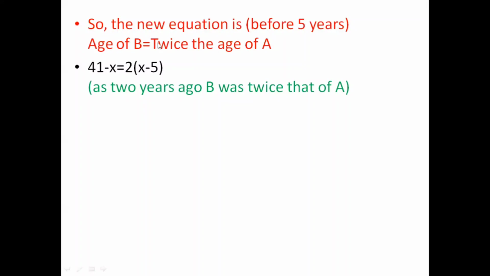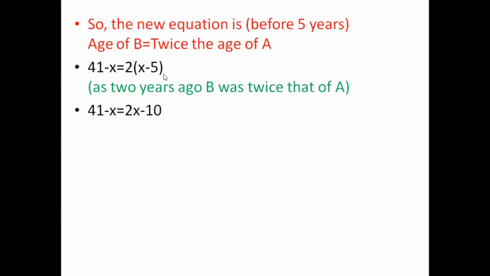Here the age of B is 41 minus x, and here twice the age of A is 2 multiplied by x minus 5. Now we'll solve this equation.